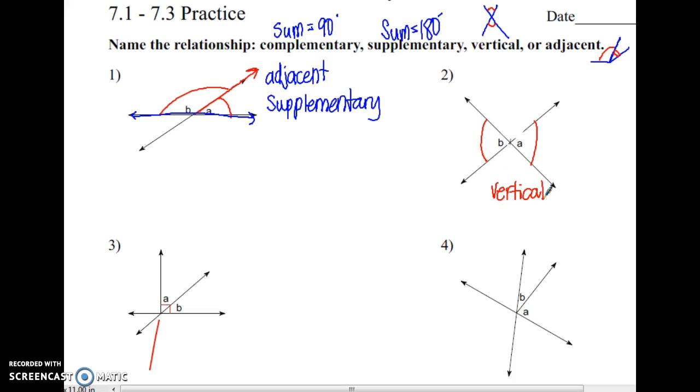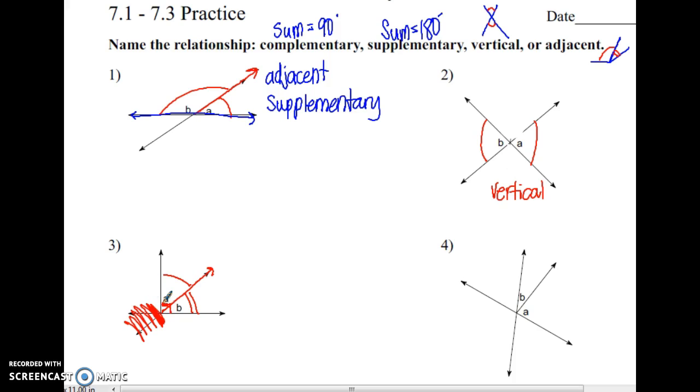In example 3, I have two angles that are touching. They are adjacent to one another because they are sharing this side in between them. But also, if I look at angle A and angle B, these two angles here, and if I ignore these other two lines coming out to the left, I see that angle B and angle A together form a 90-degree angle, and I know that because of this right angle symbol shown in the corner of my figure.